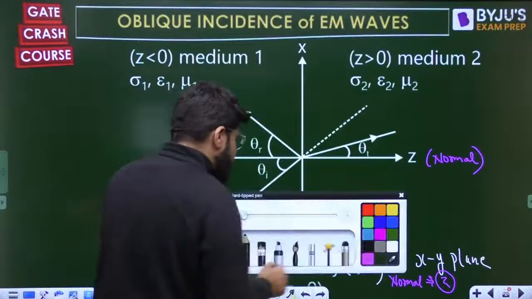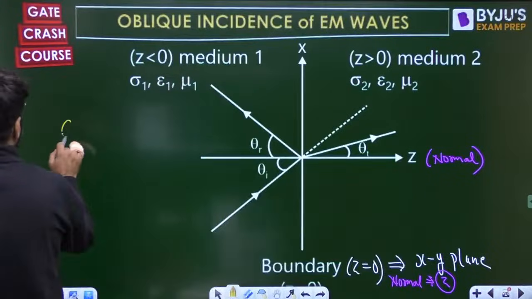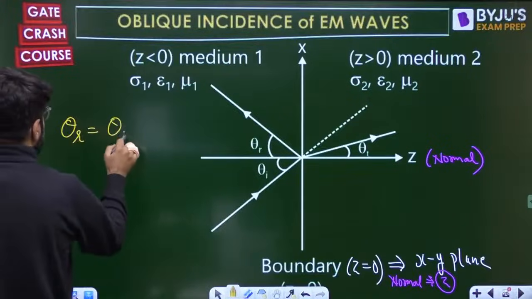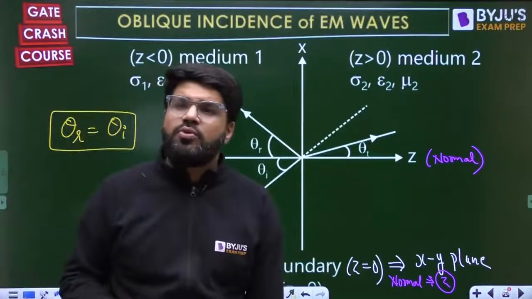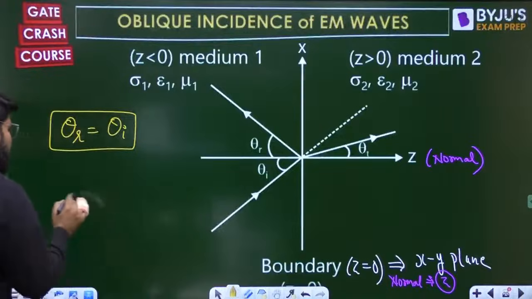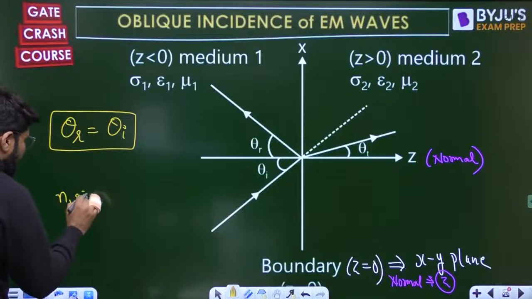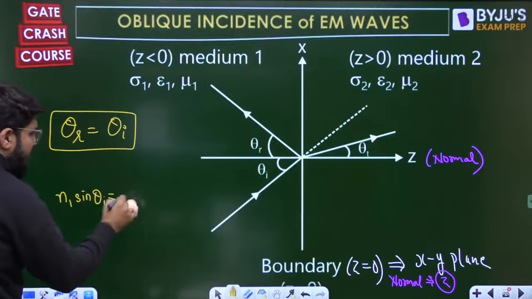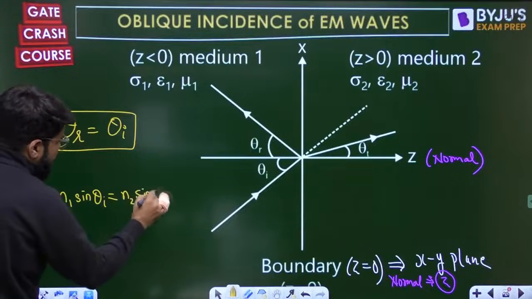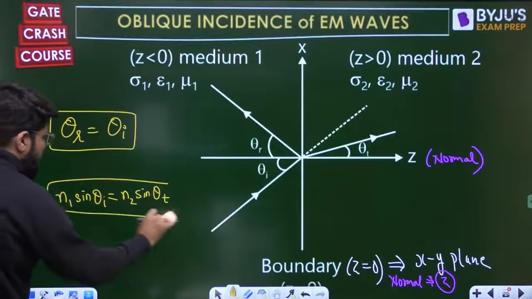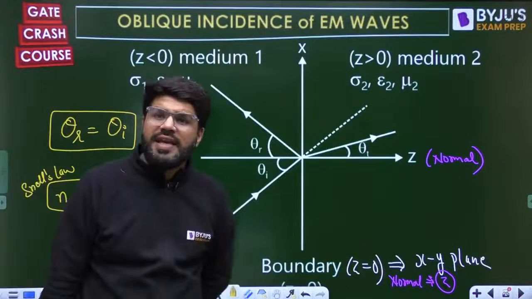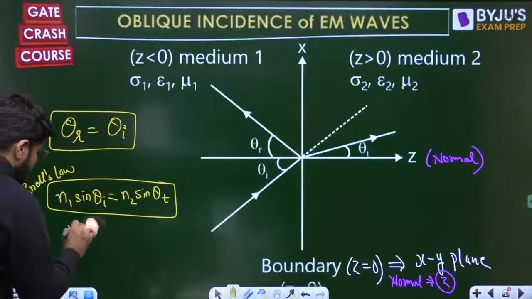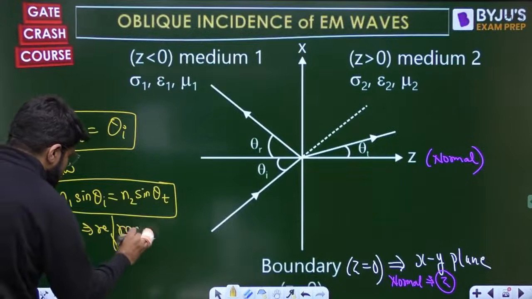There are two simple relations here. Number 1, theta r, the angle of reflection, is always equal to the angle of incidence. What about the angle of transmission? To calculate the angle of transmission, we apply Snell's law: N1 sin theta i is equal to N2 sin theta t. This is what is known as Snell's law. Where N here means the refractive index.